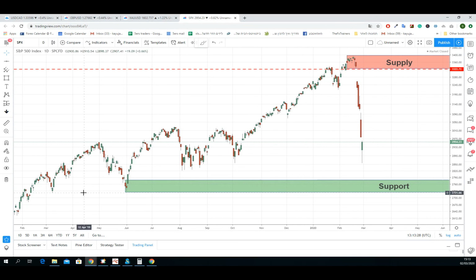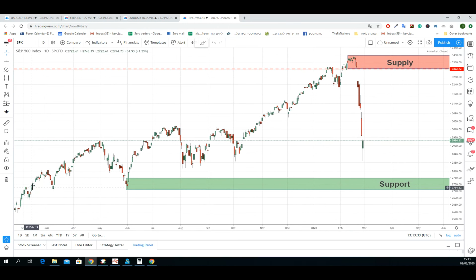It was in the past a nice little demand here, and then the price checked this demand once, collected orders, and then twice. Then it became a support, right? A demand that the price tested a few times becomes a support.